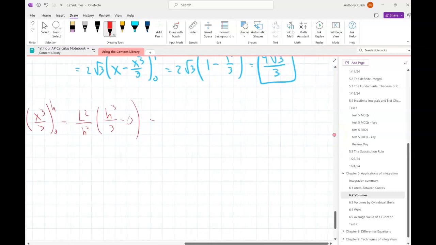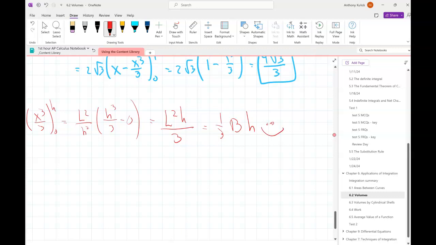That's going to come out to L squared h over 3, which makes it 1/3 area of the base times the height, which is definitely what we know the volume of a pyramid to be.